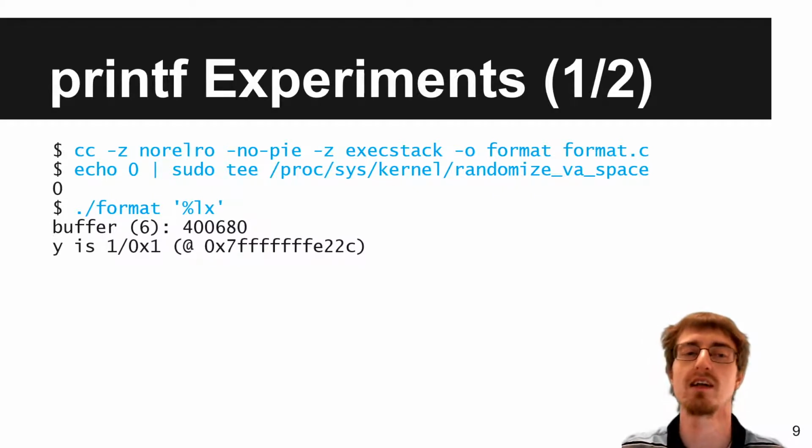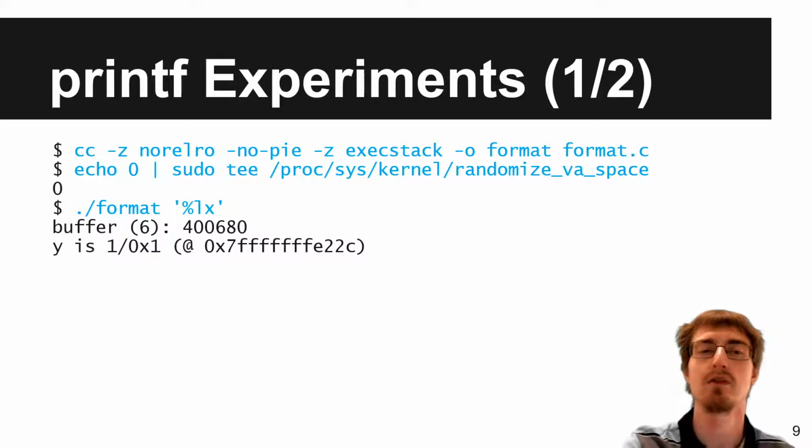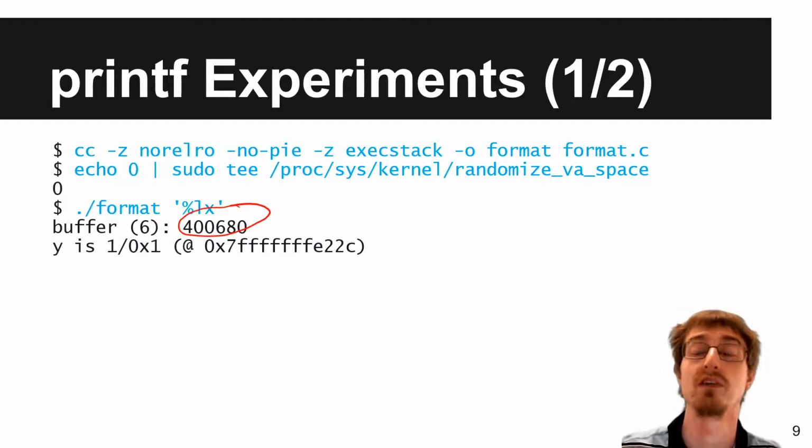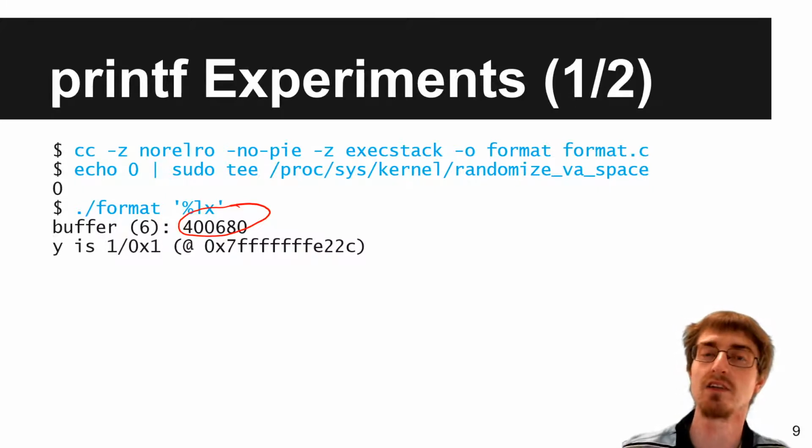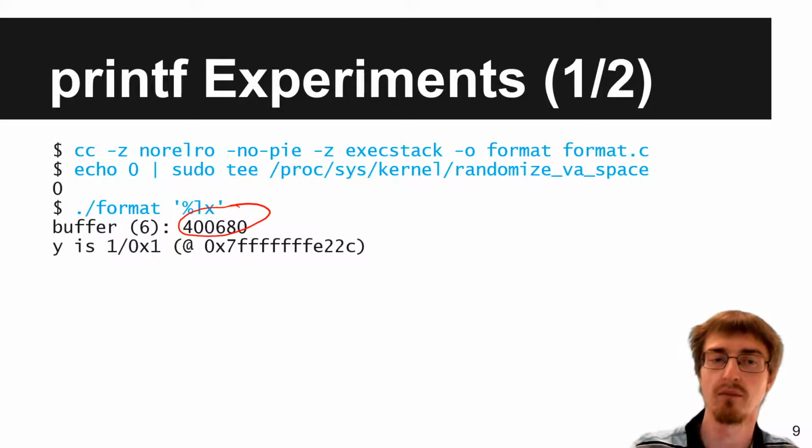So this is exactly what happens. We see that the buffer is printed, and we see that the hexadecimal value is indeed printed here. Now this is just whatever happens to be in the location where the first format parameter should have been. Well, y is of course unchanged, but we're not concerned with that yet.